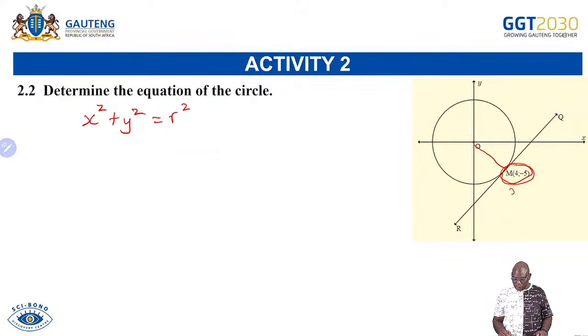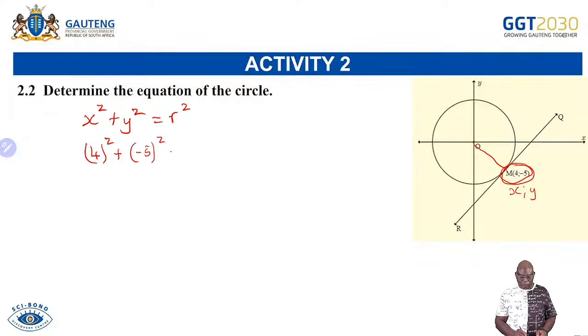I have the point x and y, my boys and girls. So what is missing on this question is the r. So I'm going to input these values as they are on the x and the y. My x is 4. Each and every one of you must get this question. My y is -5 and it's squared.